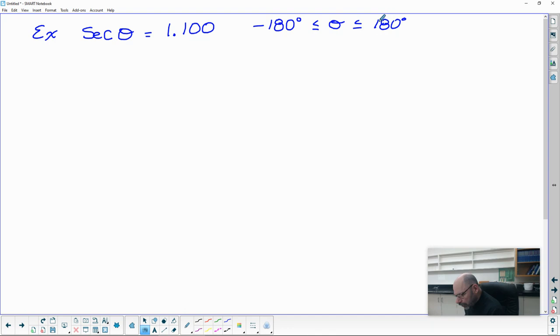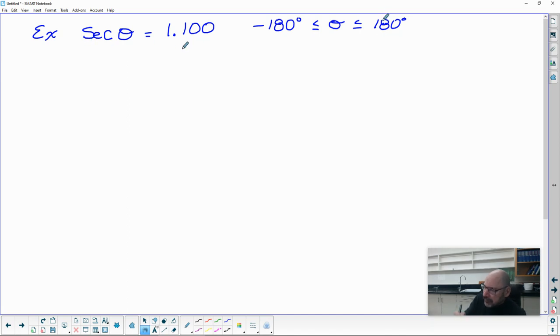Basically I'm saying the same thing as one round, right? But I want you to give the answer in negatives on this side and positives on this side. It just depends on how they want the answers listed.